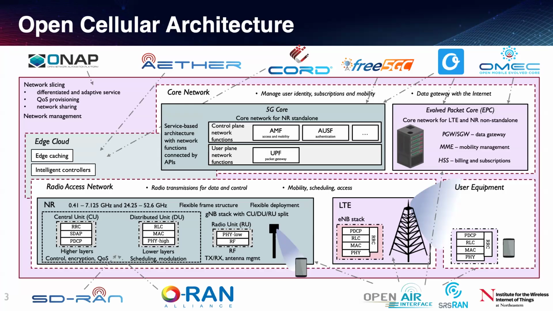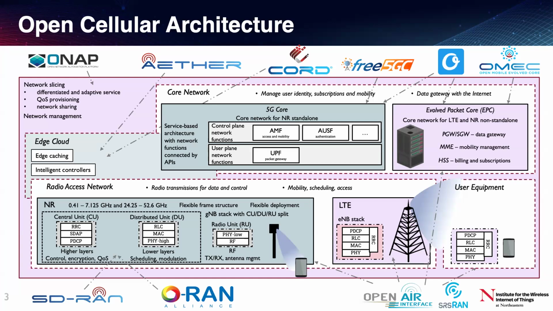This wasn't possible at all until a few years ago. Now with this software, you can instantiate a cellular network with your computer in a matter of seconds, and then start experimenting with a standard-compliant approach.